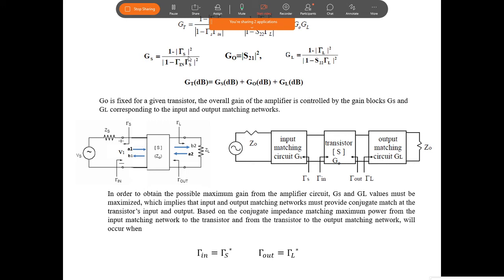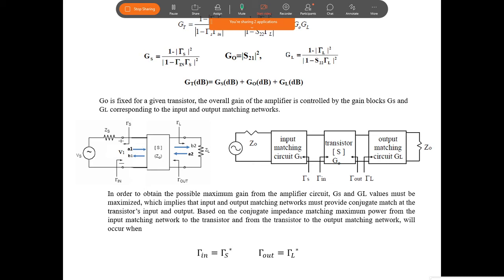If you trace over the Smith chart all those impedances which give GS equal to some constant value, for example 2 dB, all those values lie on a particular circle. Like the VSWR circle, which you know how to draw from earlier, one circle will be on the Smith chart.